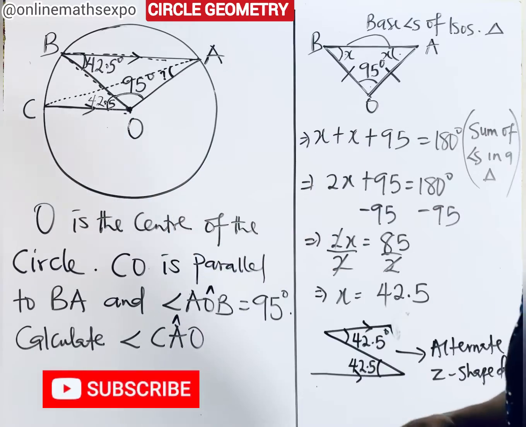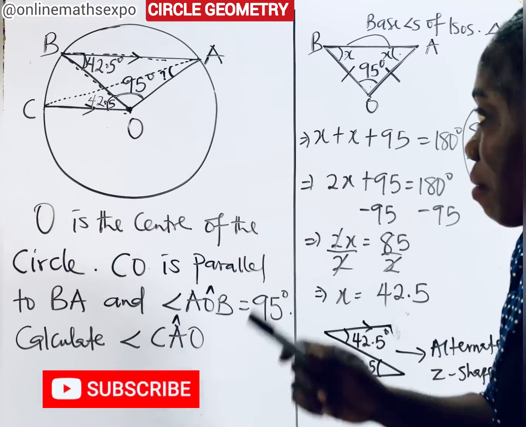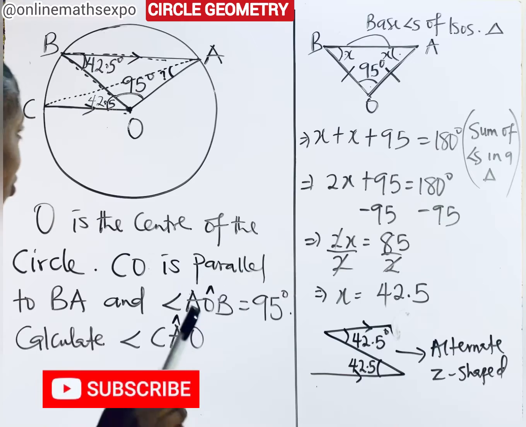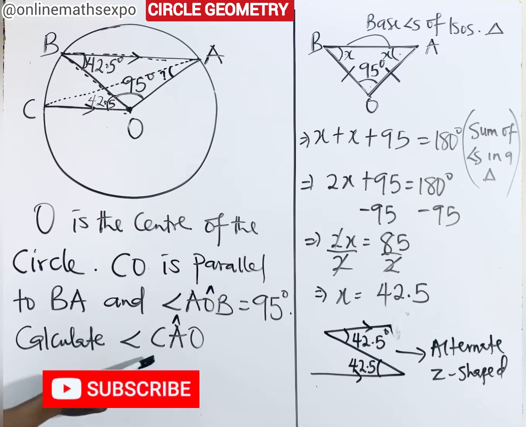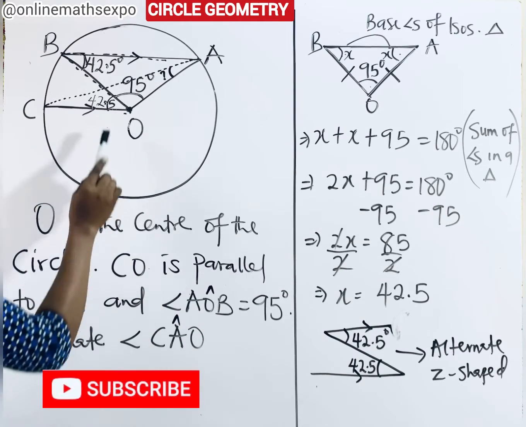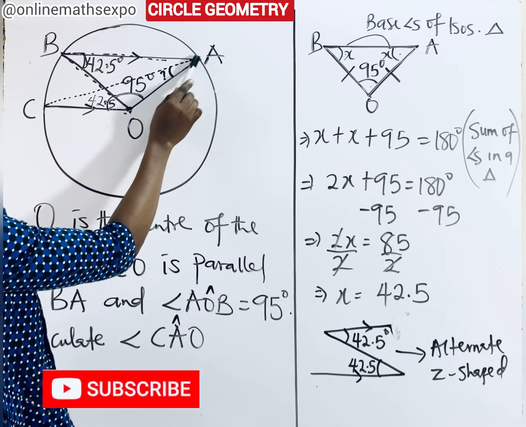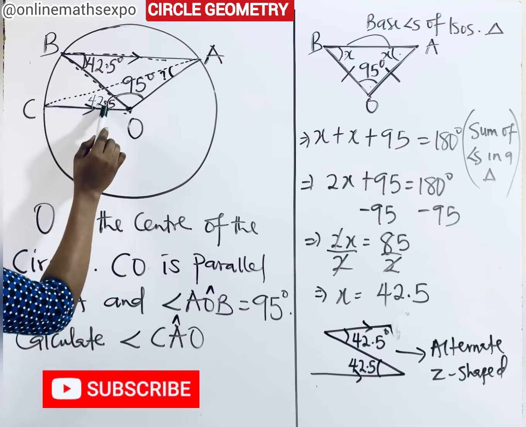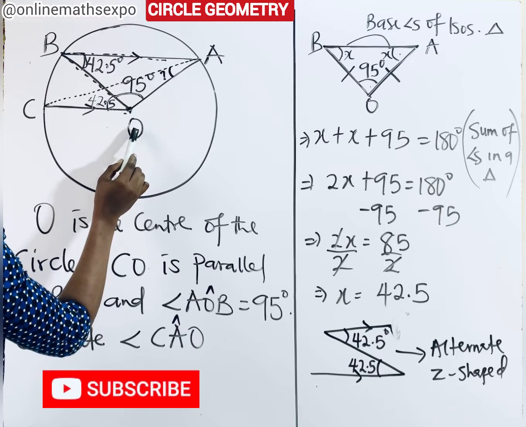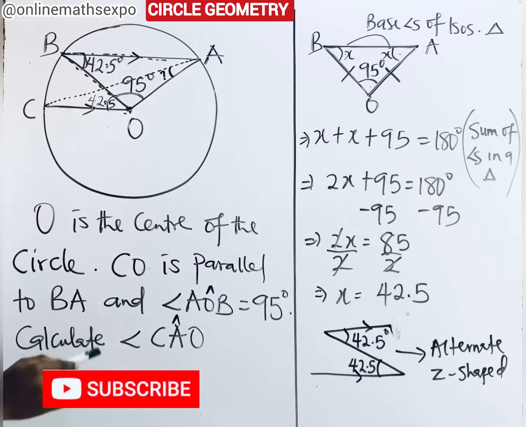So now that we have gotten here as 42.5, can it help us to get what we are looking for? Remember, look at the diagram we want to form. You observe that we have been able to find the total angle at O, so we can easily find the one we are looking for.